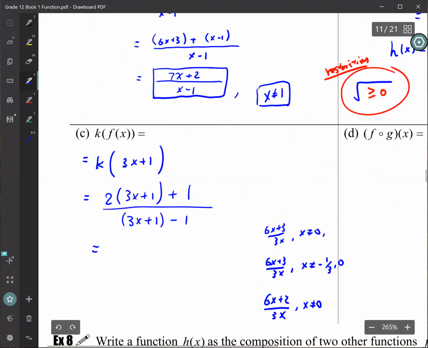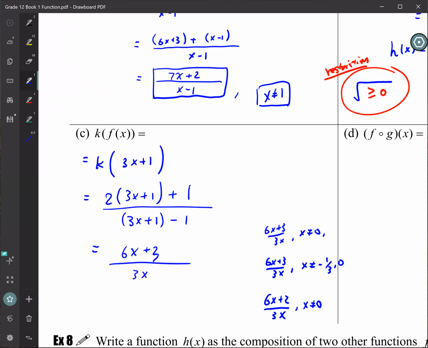Trudy, what do you have for the top? I have, for this one, 6x plus 2 plus 3, over 3x.